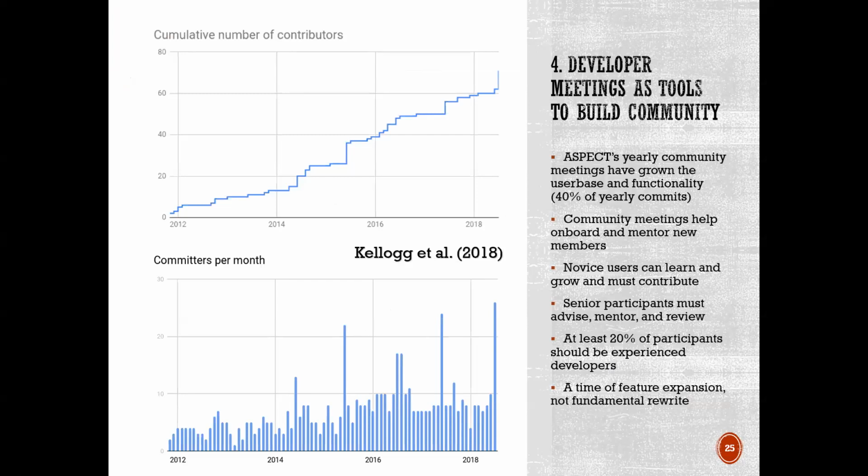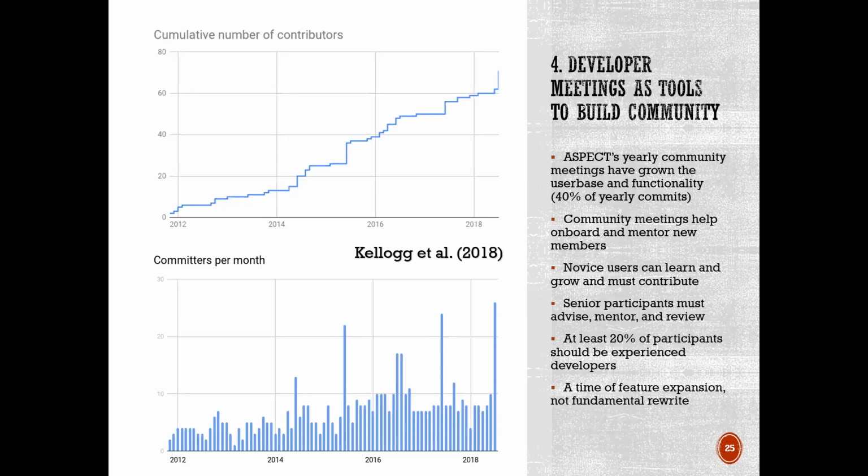Another topic I wanted to talk about is the importance of developer meetings as a tool to increase the size and activity of a community. The plots on the left-hand side that you see are the cumulative number of contributors to Aspect and the committers per month.